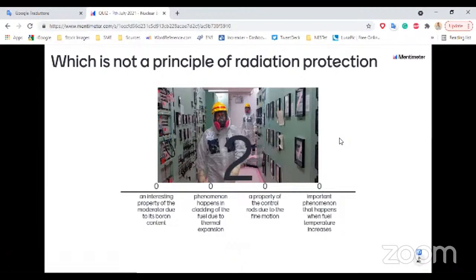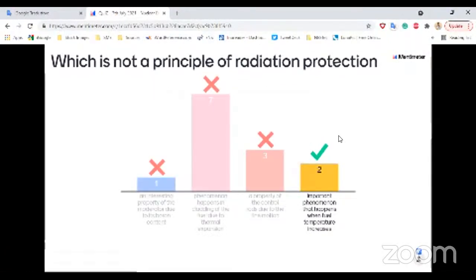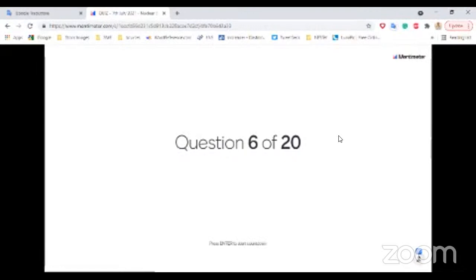So I'm sorry, it's my fault. We will not count this one. It was the definition of the Doppler effect we saw yesterday. I had some technical problem in the morning.